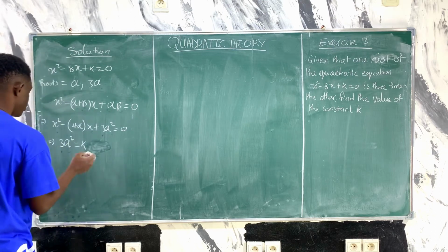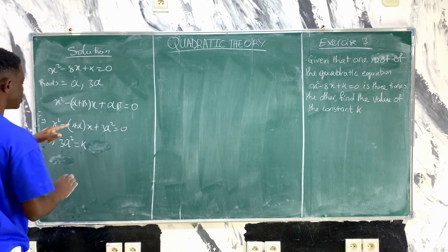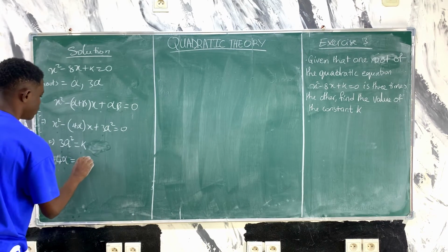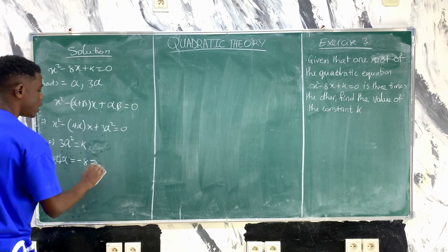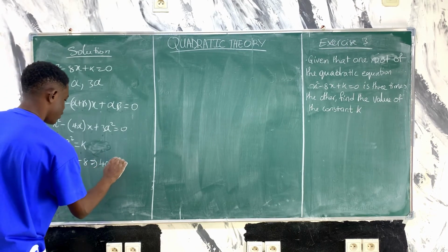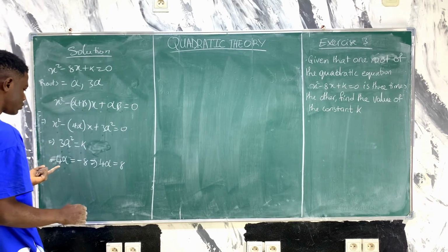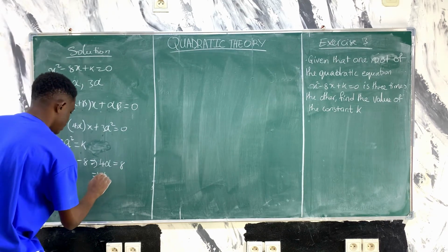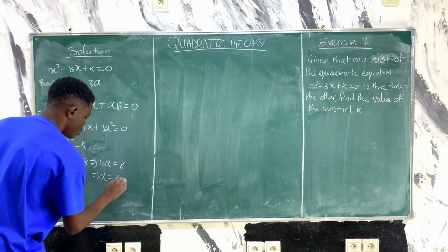So we have minus 4 alpha is equal to minus 8, which implies 4 alpha is equal to 8 when you divide all through by negative. Which implies alpha is equal to 2.